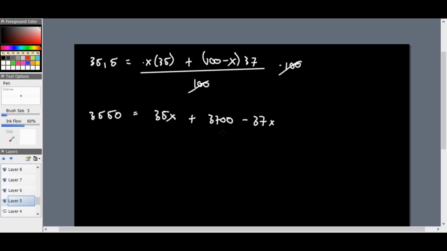So 3,550 minus 3,700, we're going to get minus 150, and 35 minus 37 is going to give minus 2x. We want what x is equal to, so therefore x is going to equal 150 divided by minus 2. x is going to equal 75 as our answer.